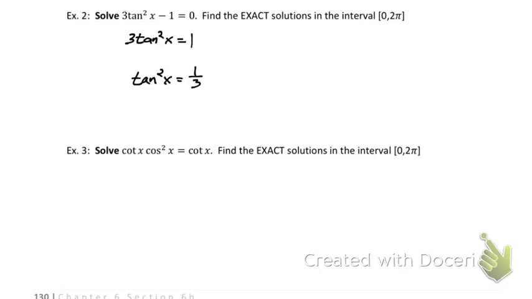Once again, if I had x squared equals 1 over 3 and I want to know what x equaled, I would take the square root of both sides. So we're going to go ahead and take the square root of both sides. And that's going to tell me that tangent of x equals, what's the big thing about when I take a square root of something?